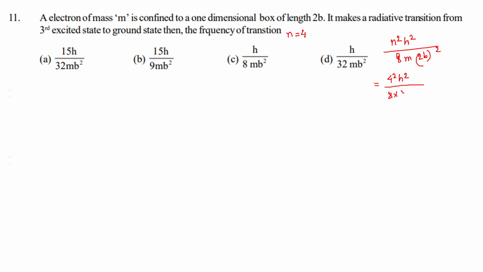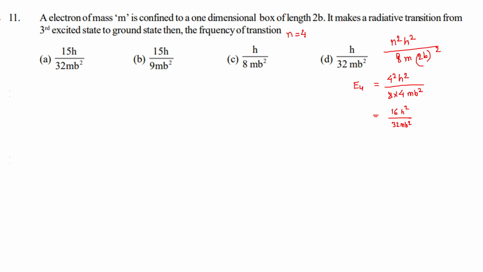8 into 4. Sorry. 4 m square. So we have 4 square, so this is the energy of your third excited state, 16 h square by 32 m b square.